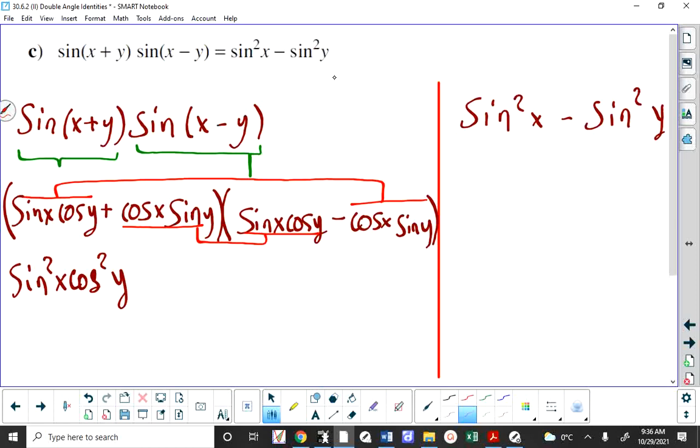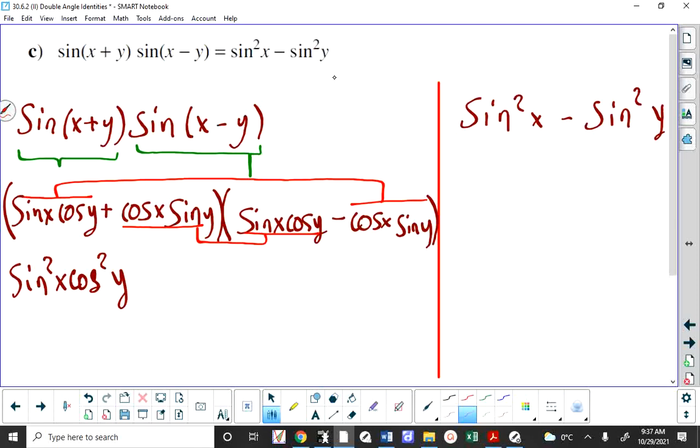I'm going to get, for my inner, what a mess, cos x, sine x, cos y, sine y. And for my outer, I'm going to get negative cos x, sine x, cos y, sine y.